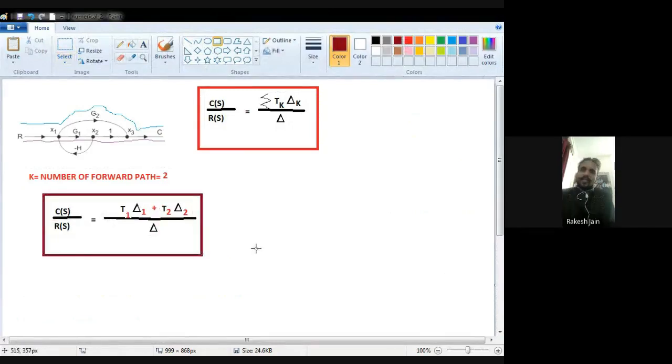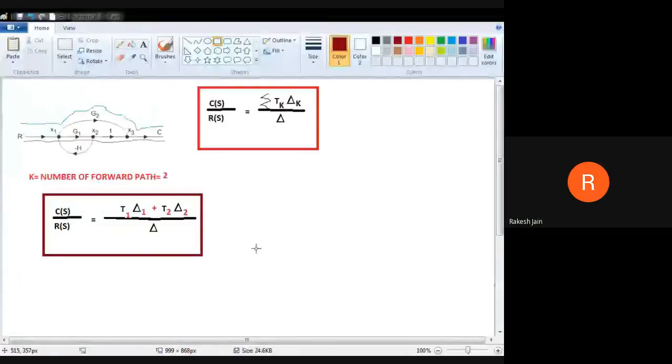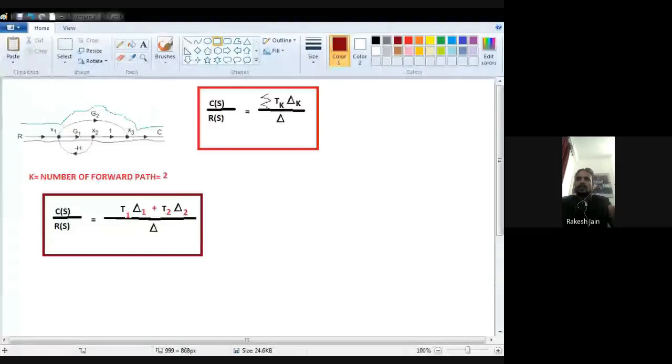Yes. So T1 del 1 plus T2 del 2 upon del. When I find out T1 value, T2 value, del 1 value, del 2 value, and del value, and I already did find out that there are two forward paths. It means I have to only find out the remaining things.